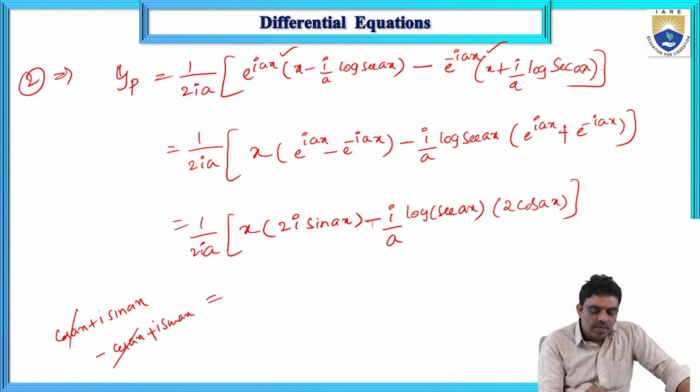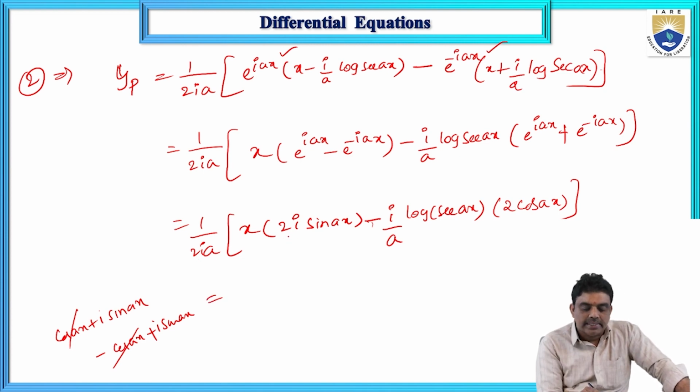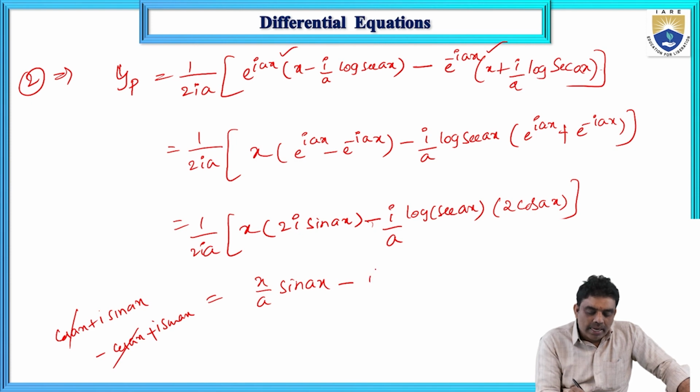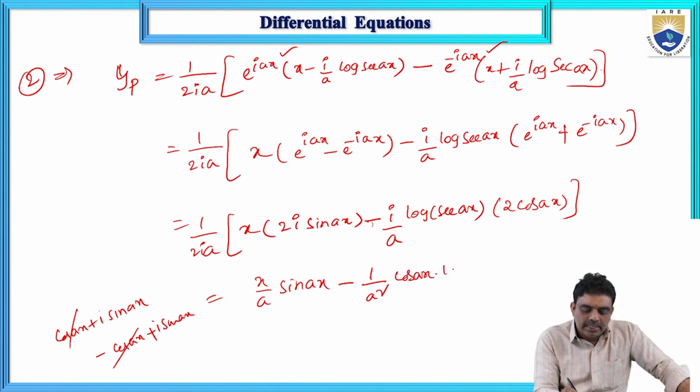So on simplifying, 2i gets cancelled. You'll get x by a sin ax as the first term. And minus i by 2, the i also gets cancelled, 1 by a square. So here you'll get 1 by a square of cos ax into log secant ax.